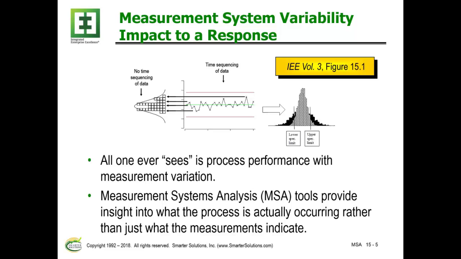If we turn that probability density function on its side, then we get a distribution. We may have an upper and lower spec, but if we've got a measurement system issue, we've got an addition to the distribution and uncertainty that we have, and that's shown as the black in that overall picture. So measurement system analysis tools provide us insight into the magnitude of that uncertainty because of the tools that we're using to measure our particular process.